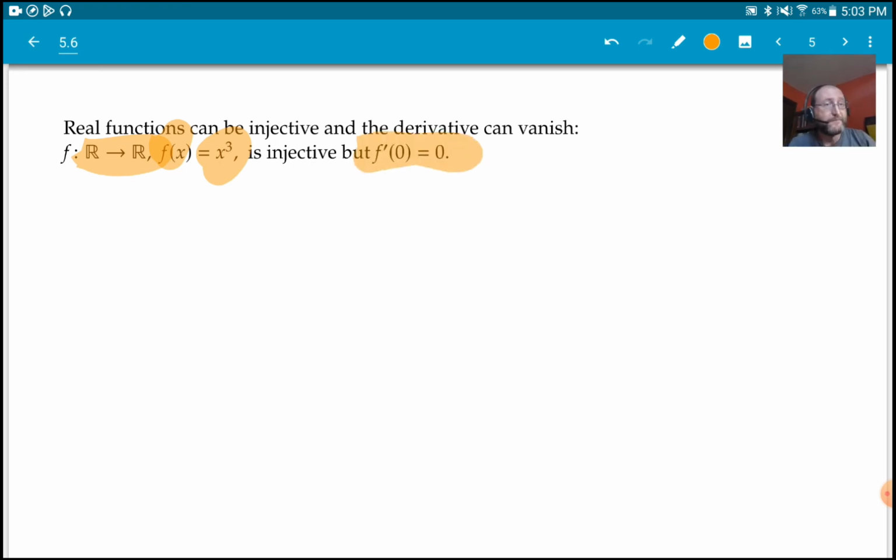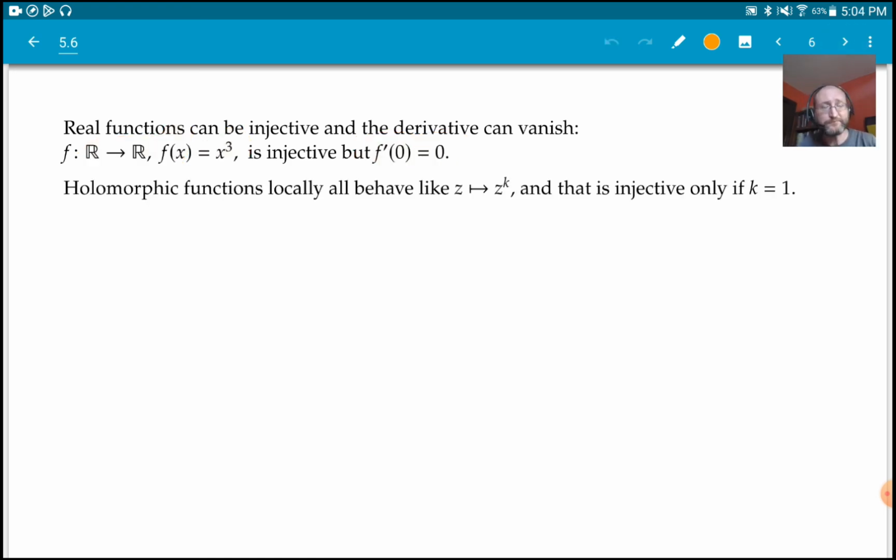So the regular real inverse function theorem doesn't apply here. The inverse is not even differentiable, and it's really because f prime vanishes, even though the function is injective. So we can't say anything in the real case.